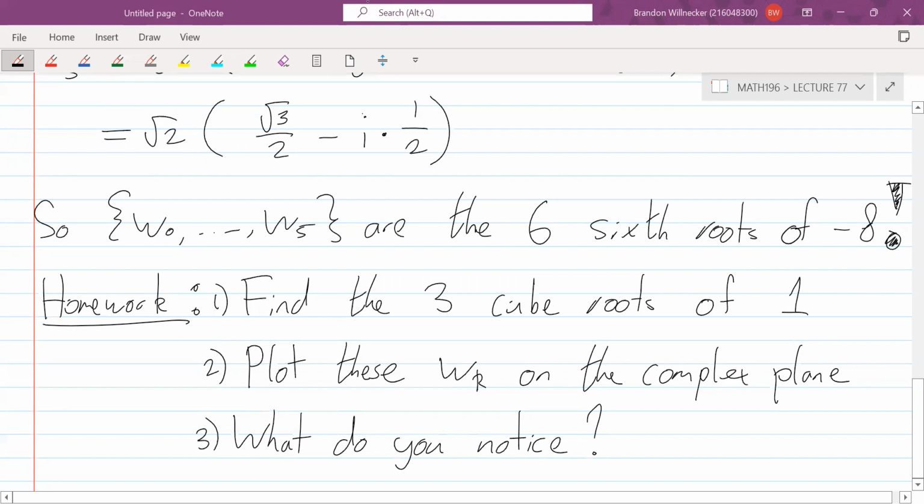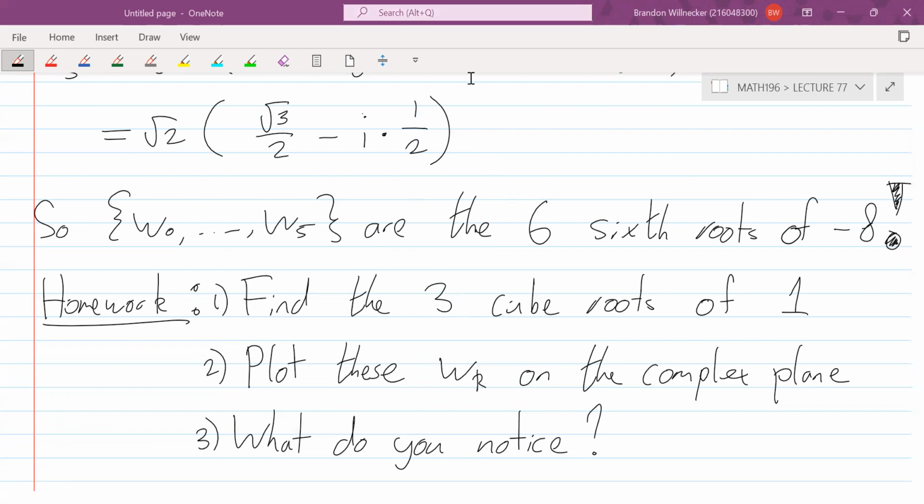You should see some sort of figure in the complex plane when you do that. But I will post the homework later on today so you can check your solutions. I will also post the diagram for the 4 fourth roots, so then you can see what happens in that case.